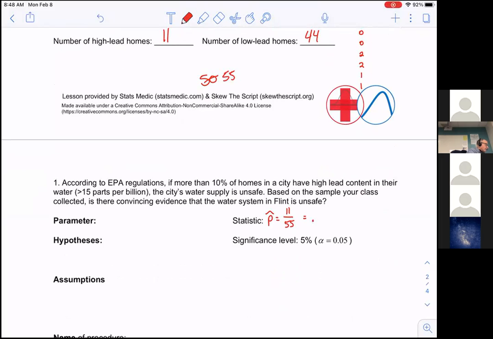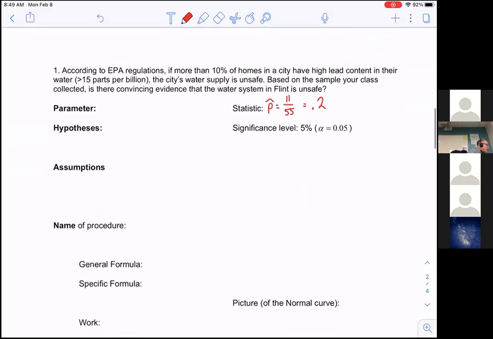That is 0.2. Oh, that's just the wrong thing. I got you. Sorry, I'm looking at 2 different things, so I'm trying to get that.